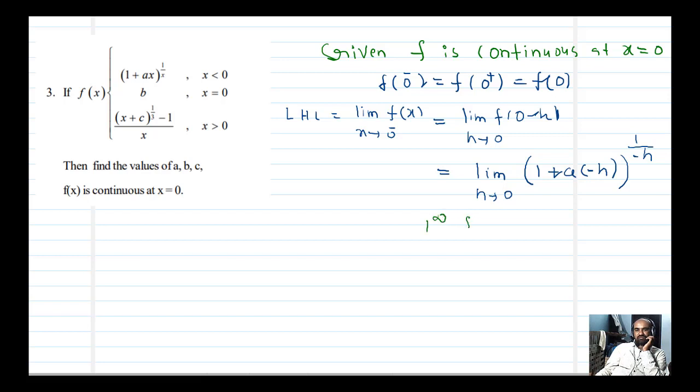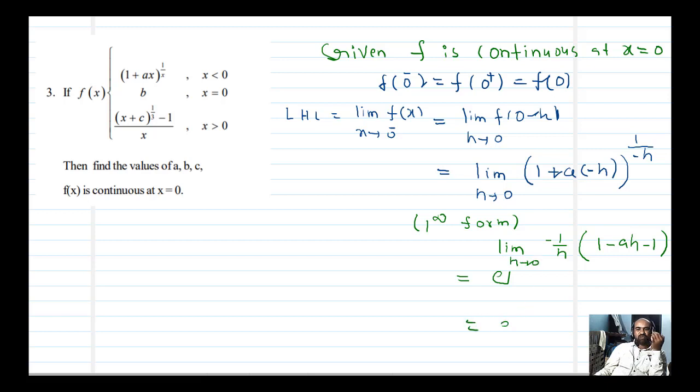So, you know how to find directly its limit, that is e power limiting value of g of x, which is minus 1 by h into f of x minus 1, 1 minus h minus 1, where h is tending to 0. So, that is e power limiting value.